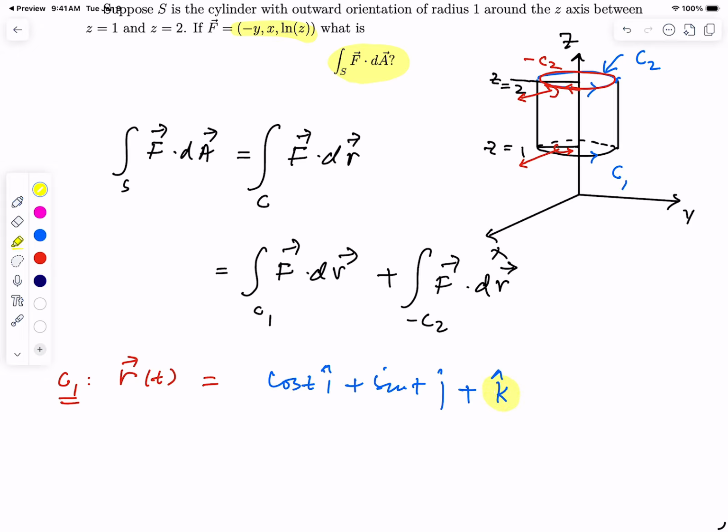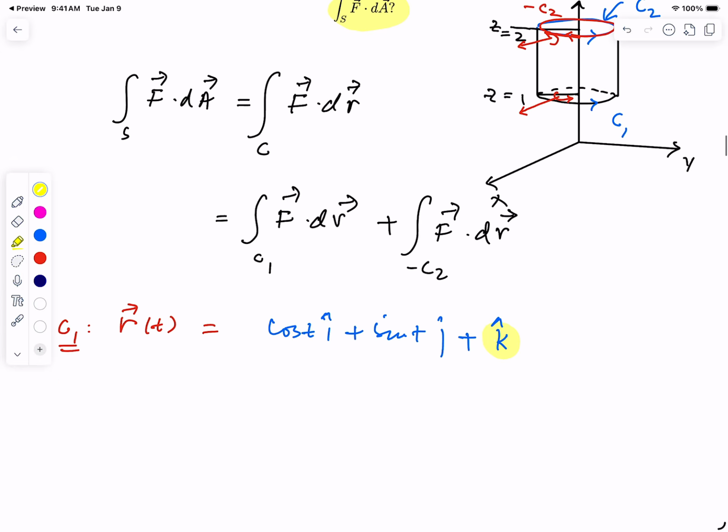Why have I written k hat? Z is 1. Yeah, okay. So now you know very well you need to compute r prime of t, which is negative sine t i hat plus cosine t j hat plus 0 k hat, because this is coefficient 1. If you differentiate, you get 0.